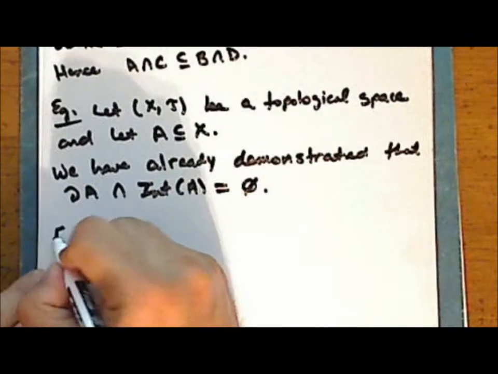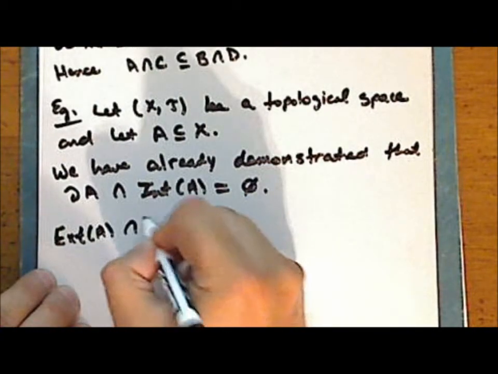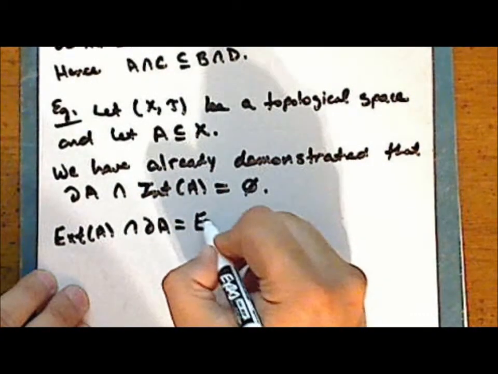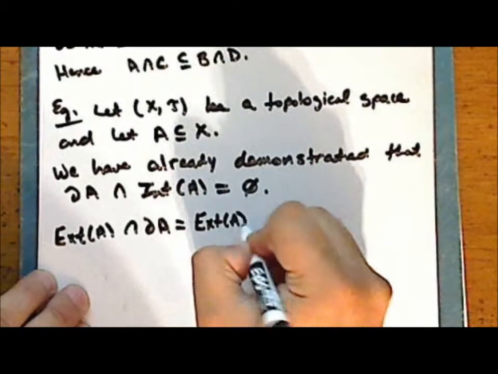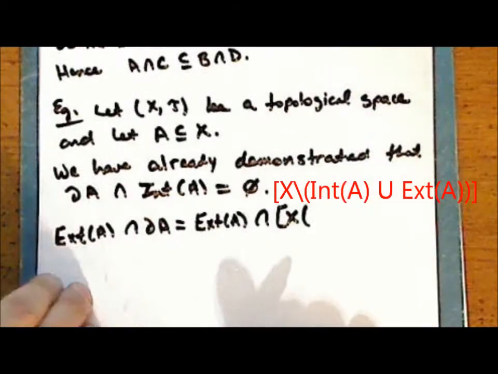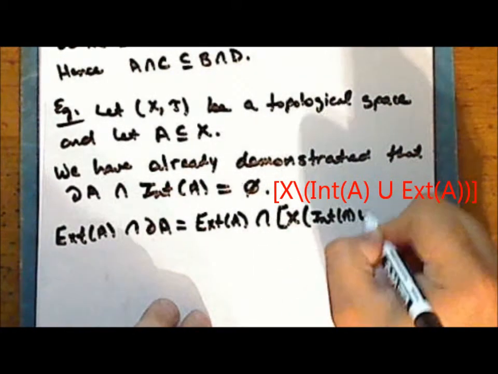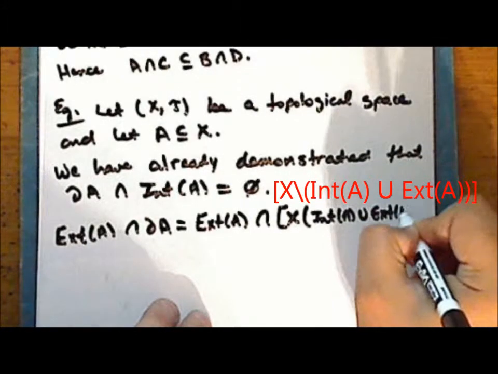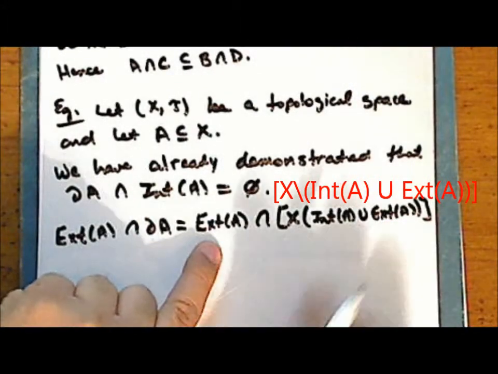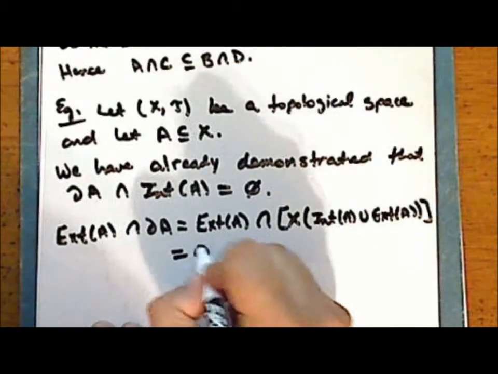So now we look at the intersection of the exterior of A with the boundary of A. This is the intersection of the exterior of A with the complement of the union of the interior of A with the exterior of A. So the two sets have no points in common, and so the intersection is empty.